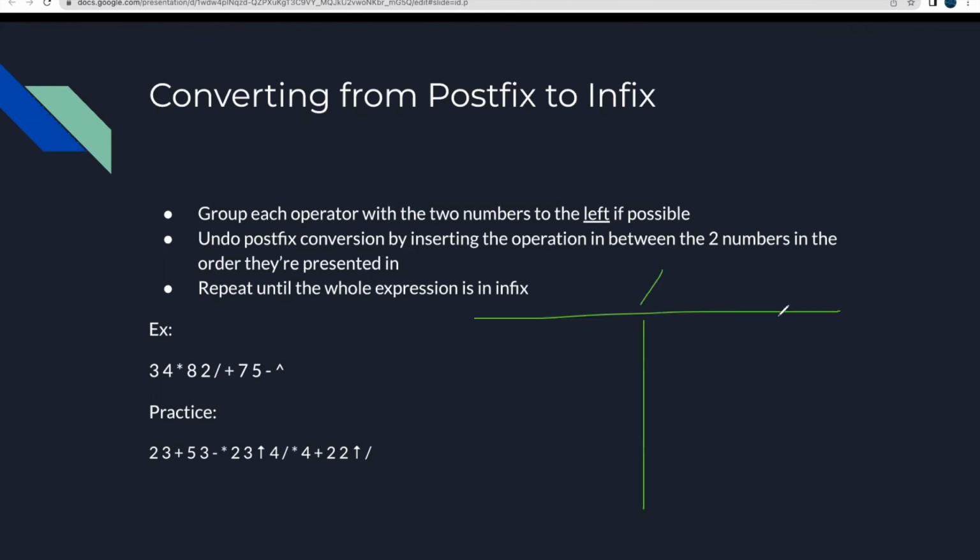Except this time when you draw it out, you're going to go to the right side here, and you're going to put the next operator there. And then 2, 2. Then go to the left side. On the left side, you're going to have 4 here. Multiplication here.